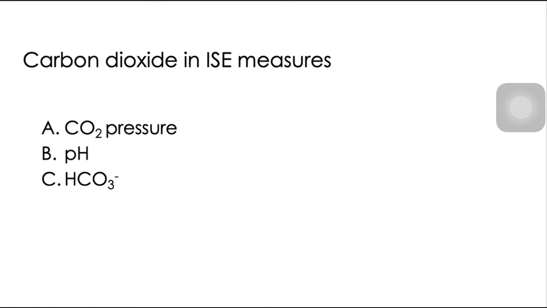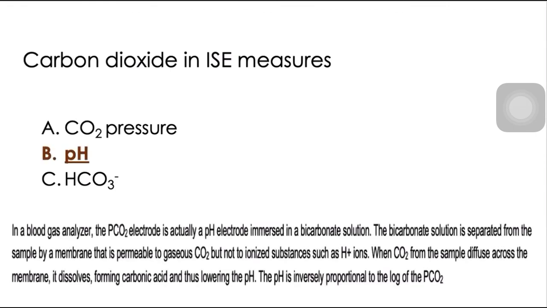So sa last part pa rin niya, ang ating mini-measure pa din ay yung hydrogen ion, and we measure hydrogen ion by measuring your pH. Okay, so again, we have your pH.